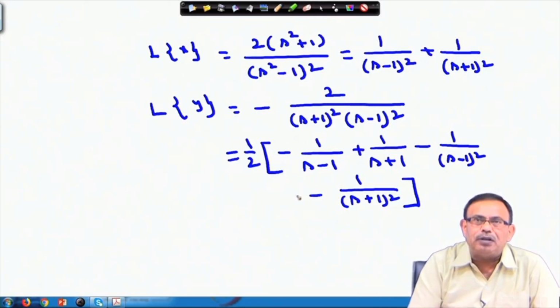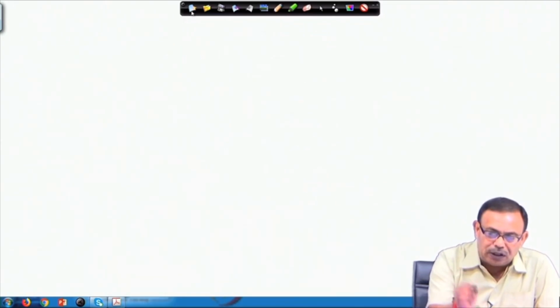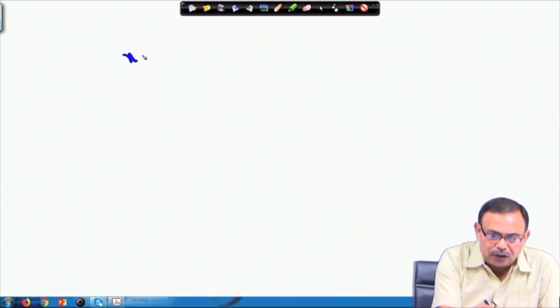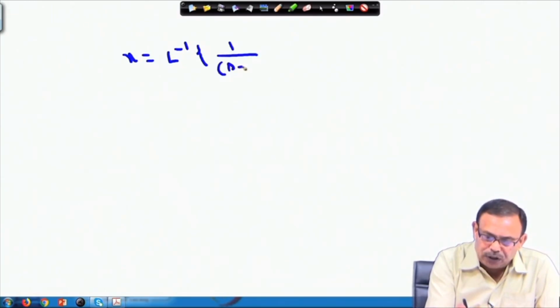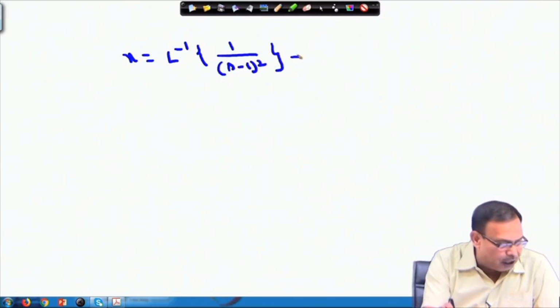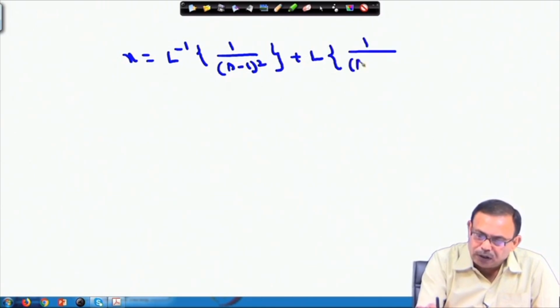So, once I obtain these two, in the denominator I have only one factor whose inverse Laplace transform is known to me. Then I can write x equals Laplace inverse of 1 by s minus 1 whole square plus Laplace inverse of 1 by s plus 1 whole square.